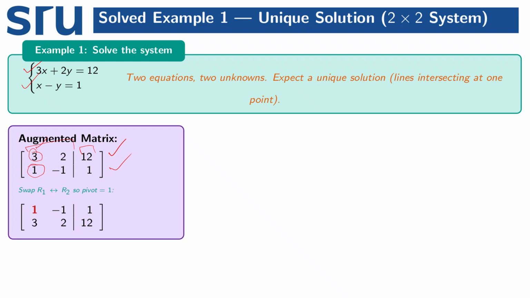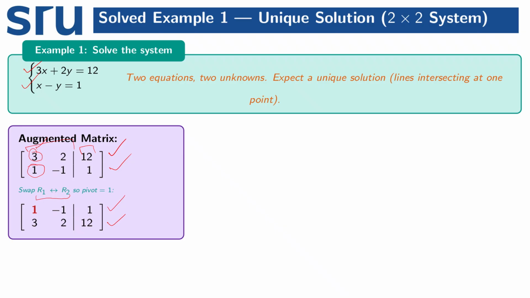We apply the row operation. That row operation is row 1 interchanges row 2. Now the new matrix is where the first row is 1, minus 1, 1, and the second row is 3, 2, 12. Why did we do that? Actually, swapping makes the calculation easier here, that is why we have done it.